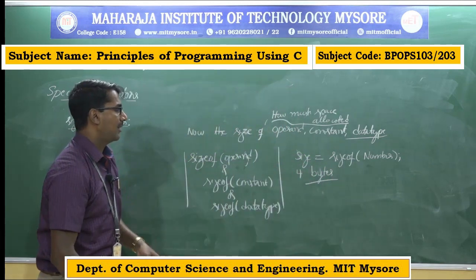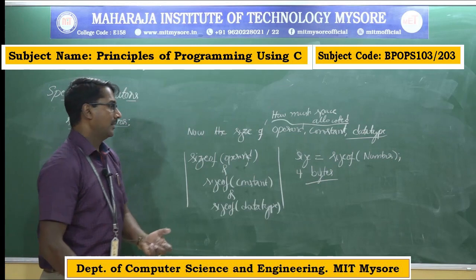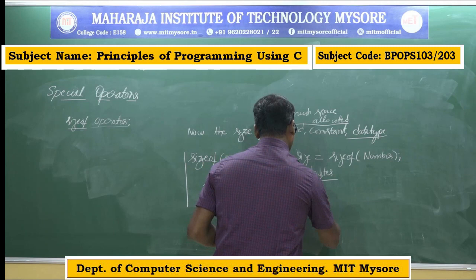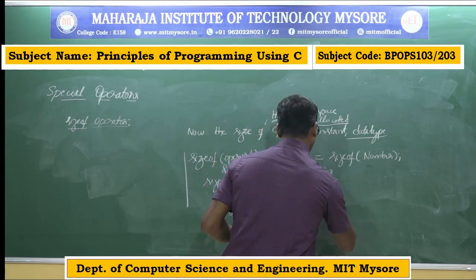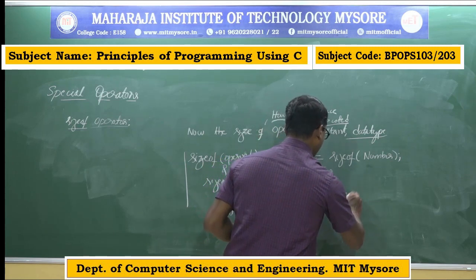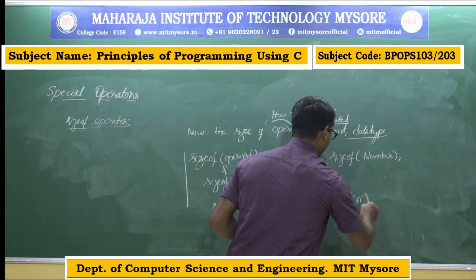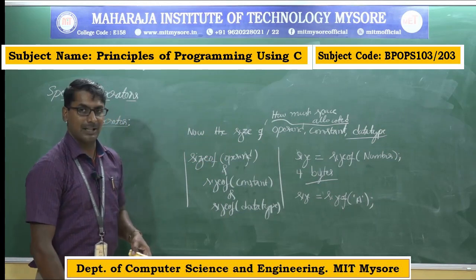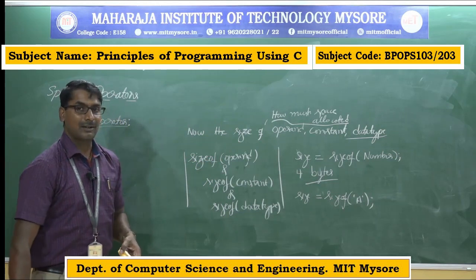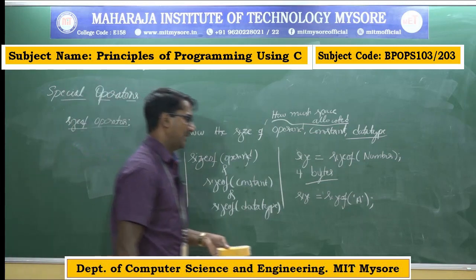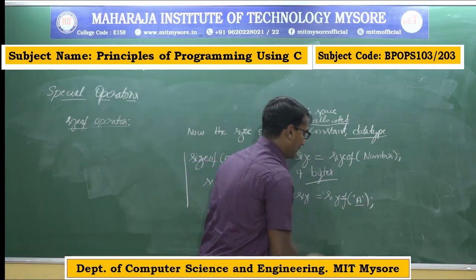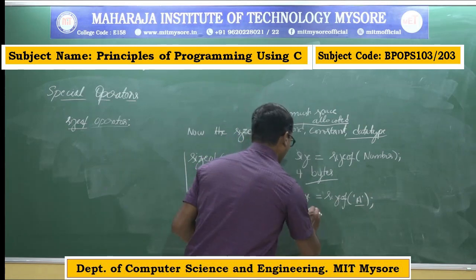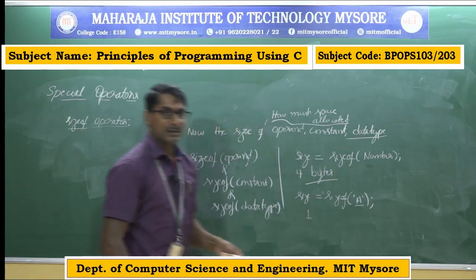The output of the sizeof operator is in terms of bytes. If you specify size is equal to sizeof 'A', the character A is enclosed within a pair of single quotes, which means it is a character constant. The size of this character constant is 1 byte, so the output will be 1 byte.